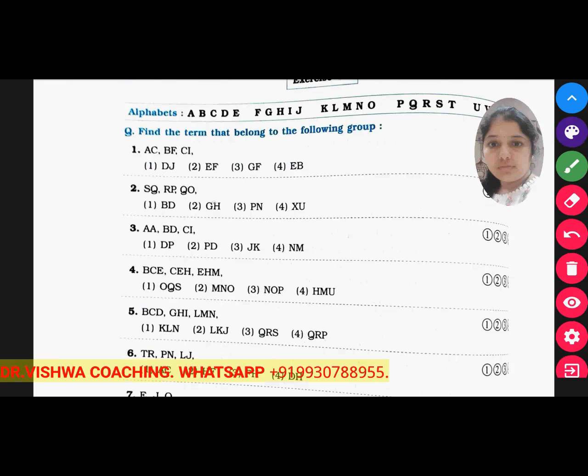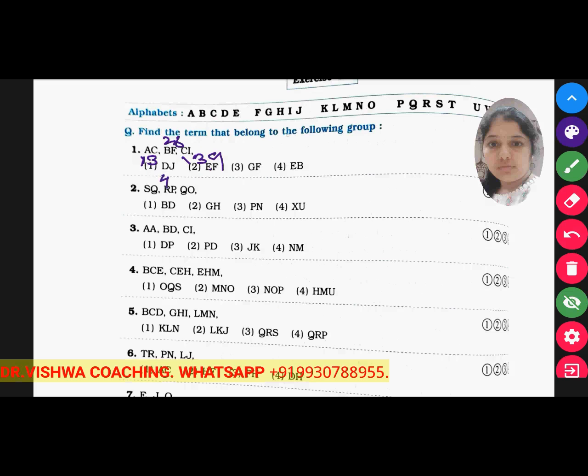Now see, A, C, B, F, C, I. Now if you look carefully, A is at first position, C is at third position, B is at second position, F is at sixth position, C is at third position, and I is at ninth position. If you look carefully, 13, 26, 39, all are following the 13 table. So you have to find out the group in which the numbers occur in the table of 13.